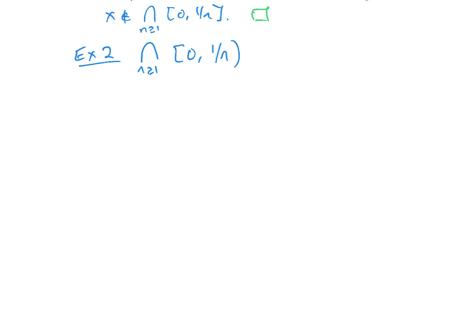Still 0? Yep, still the set {0}, because 0 is still in all of them. That's one way to get it from example 1, is just say, well, 0 is still in the intersection. But these sets are strictly smaller than the sets in example 1, so they'll have a weakly smaller intersection, right?